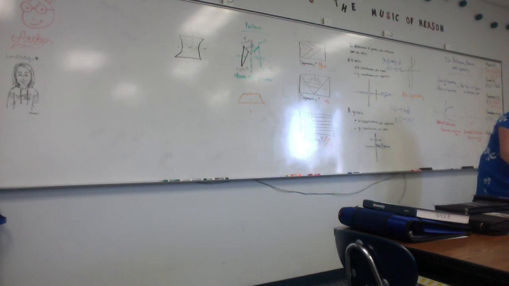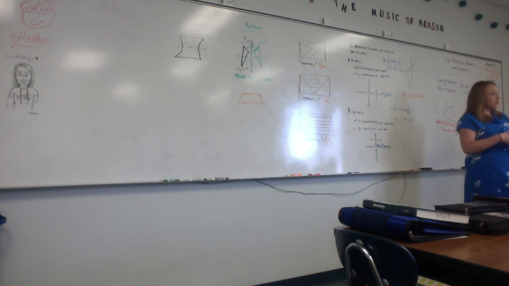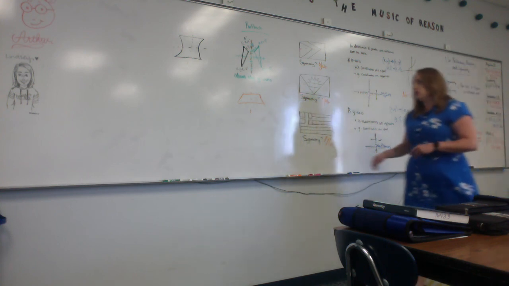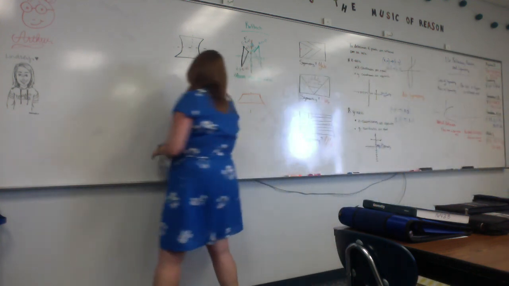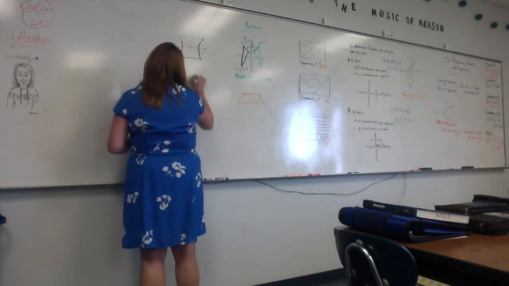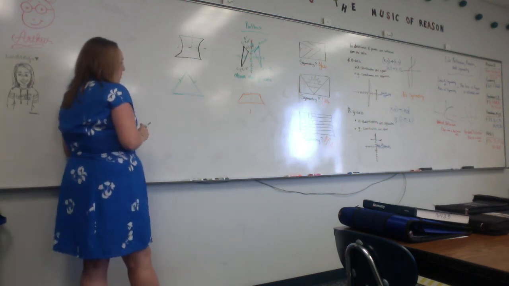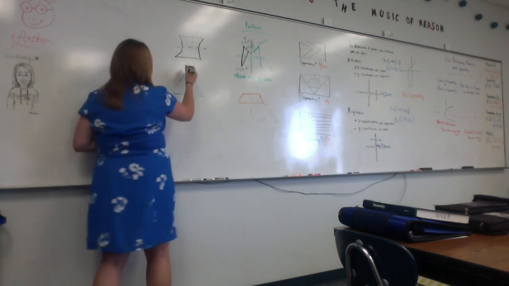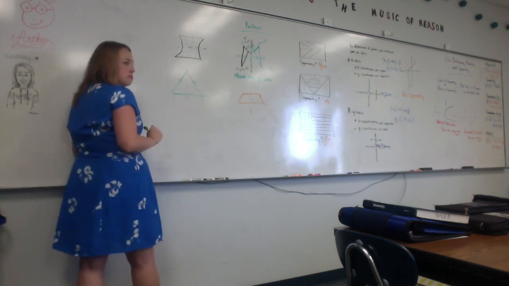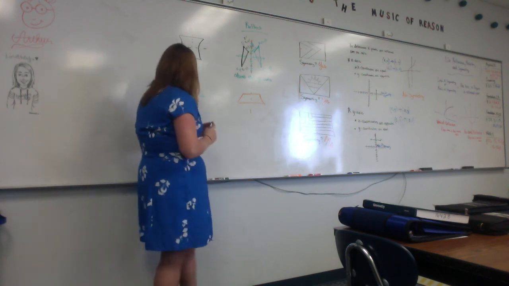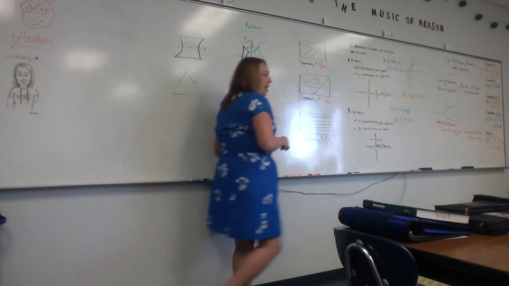They might ask how many different axes of symmetry there are for a triangle with exactly 2 sides having equal length, which means what type of triangle do you have? So I have a triangle that's like this. How many axes of symmetry are there in that? Just 1 that goes straight down, right? So that's the type of stuff you are going to be asked tonight on your homework.